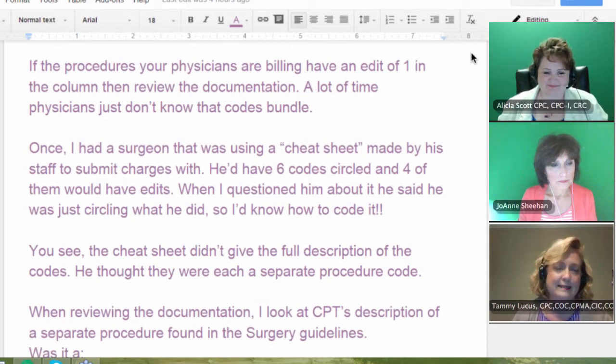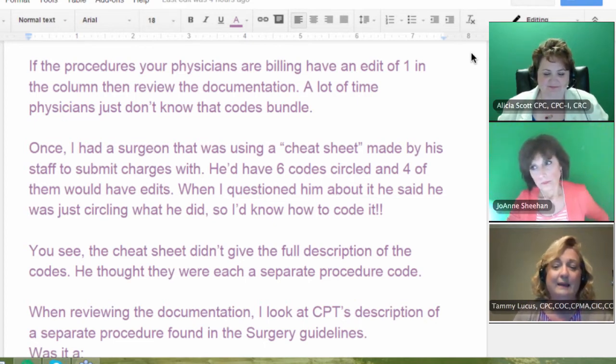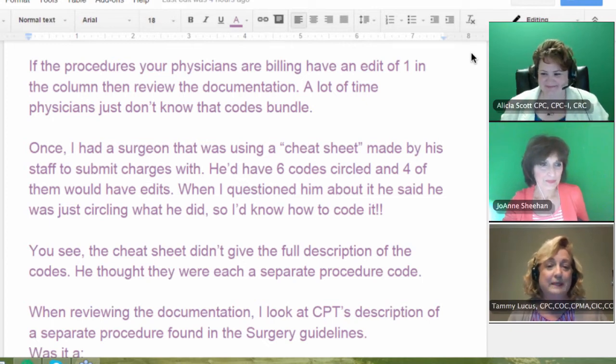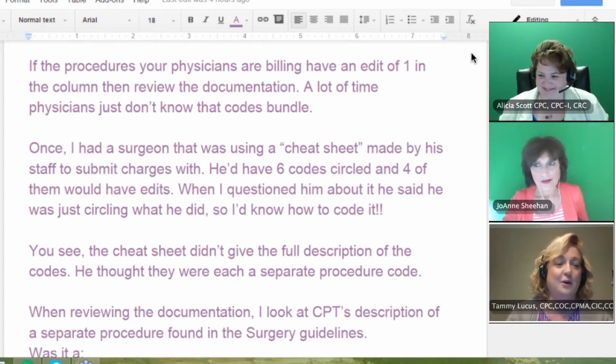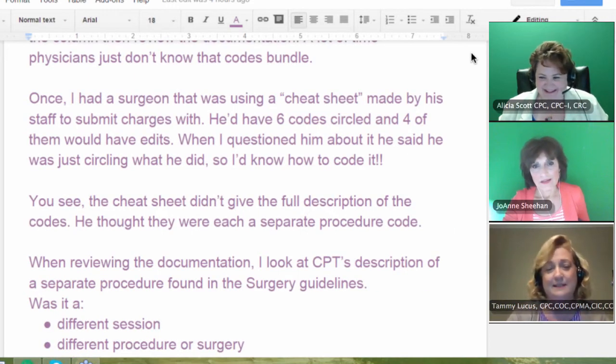So finally I had to ask him about it because they all got an edit of 1, so I could have added a modifier to get them paid. When I questioned him about it, he said, oh, I was just circling it so you'd know how to bill it. He had no clue what those codes meant because nobody gave him the full description of those codes. Unbelievable. And what's so bad is he did this for 3 years.